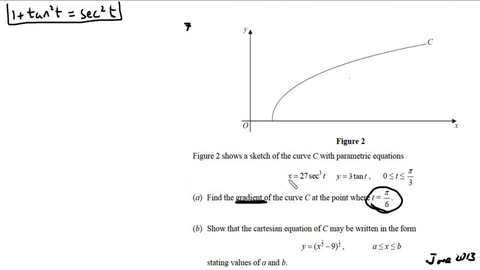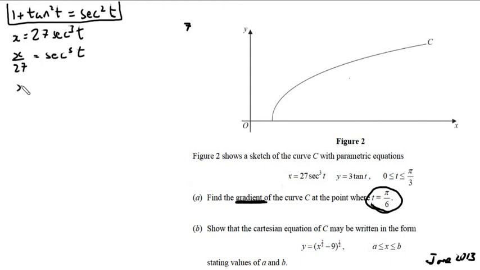Let's try to get x in terms of sec squared t and y in terms of tan squared t. So let's start with x. We have x equals 27 sec cubed t. First, let's divide through by 27: x over 27 equals sec cubed t.